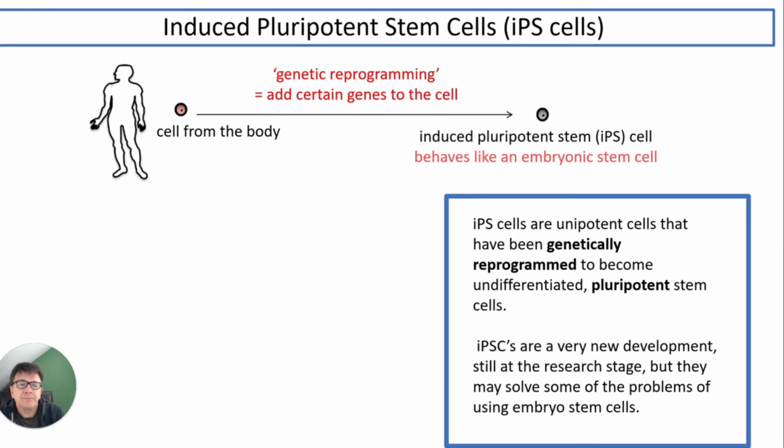These are taken from an adult stem cell, and they get genetically reprogrammed. What they do is add certain genes to the cell, and therefore make it act like a pluripotent stem cell. This is a new development. It's still at the research stage, but it may solve some of the problems of using embryonic stem cells.